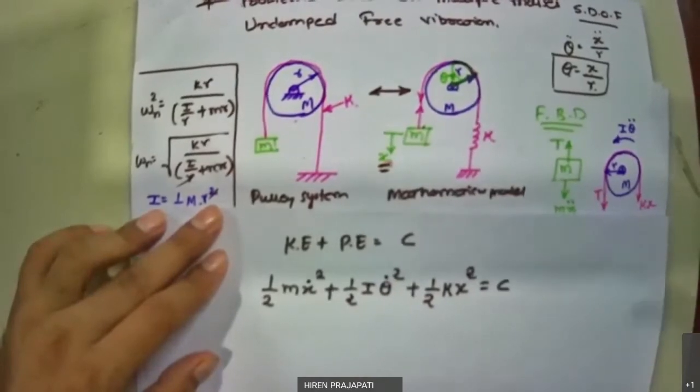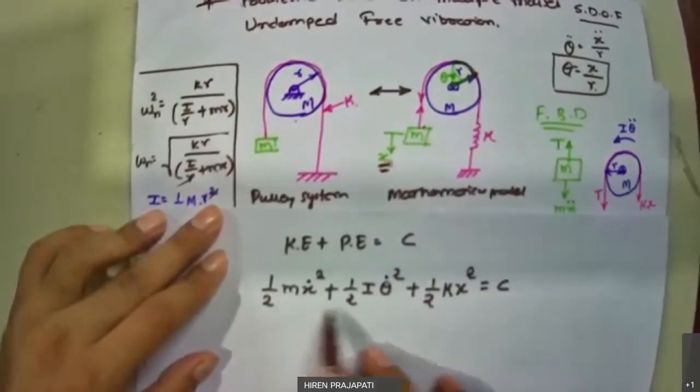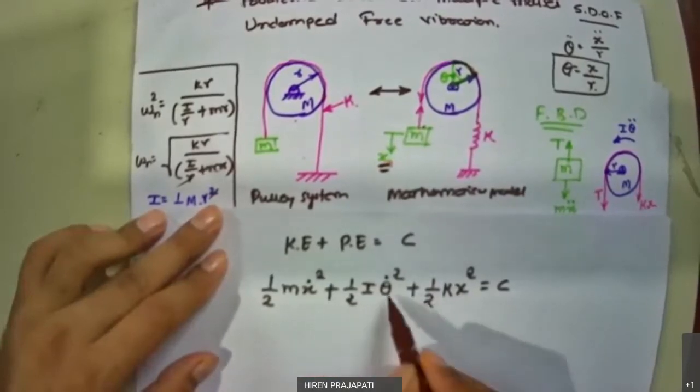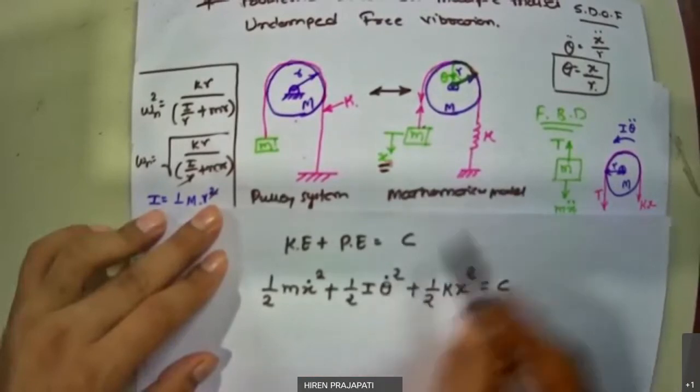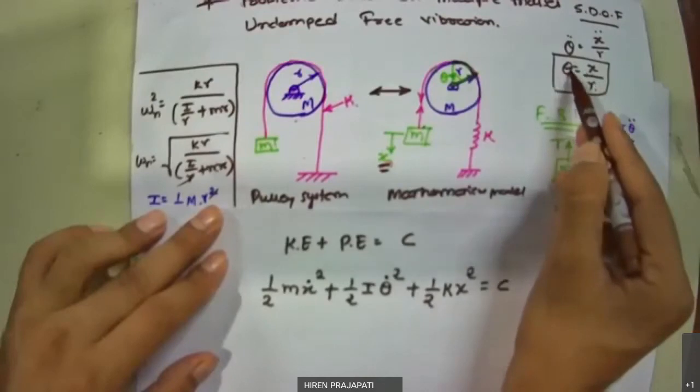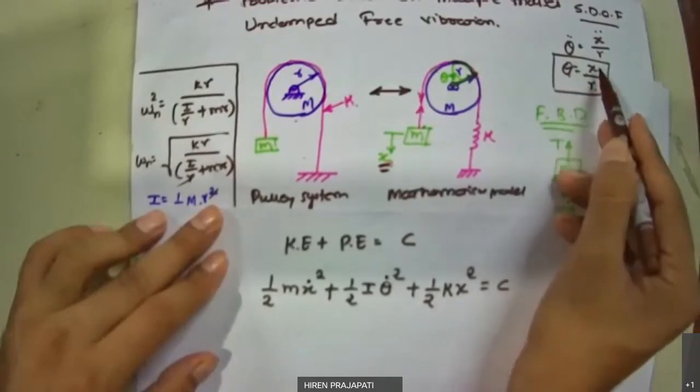Right? Now again, after getting this equation, our next step is to write the entire equation in any one coordinate. Okay? So let us write this theta in x coordinate. So as per this equation, theta dot should be written as x dot by r.